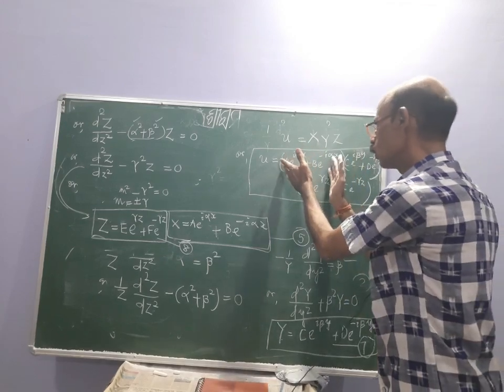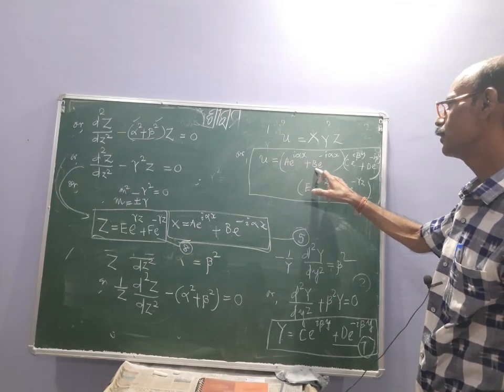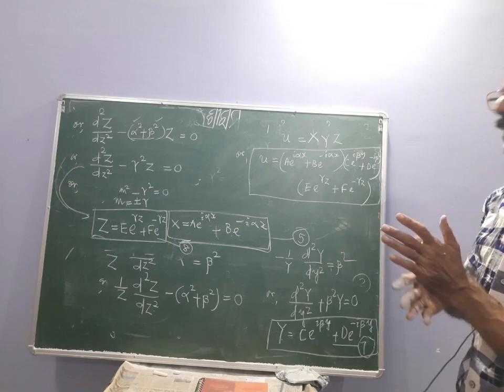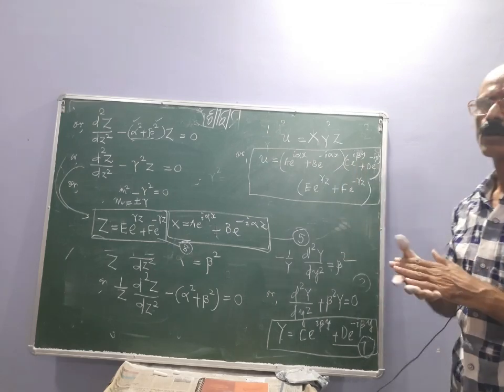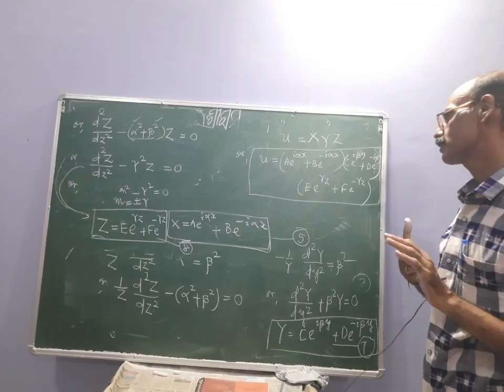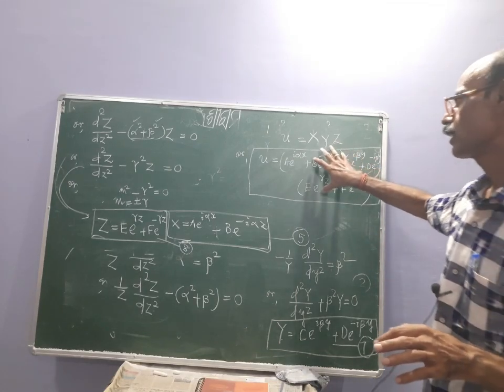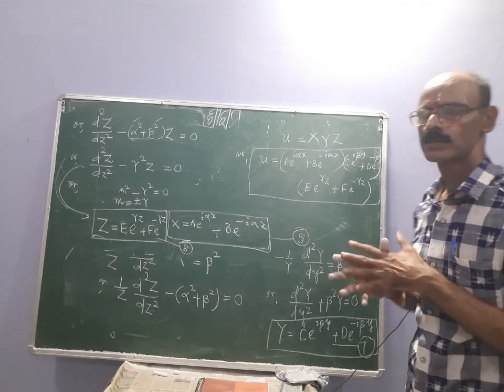So, on the whole, it can be written as a cos alpha x plus b sin alpha x. In some books, it is written like this also. So sine and cosine terms can be used to express the solution. Nothing to worry. You can express it like this. This is the final solution.